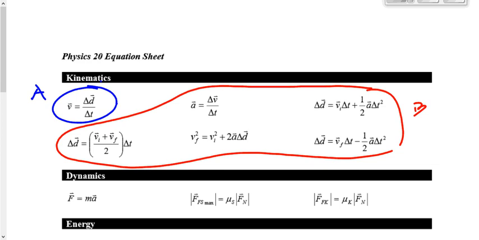Whenever you have acceleration, you can try any of these 5 equations. You cannot go wrong as long as you use them properly. The worst case scenario is you can end up with 2 unknowns, and you're like, I can't solve this because I have too many unknowns. Or you're going to solve for something you're not looking for. In either case, what do you do? Try another one.